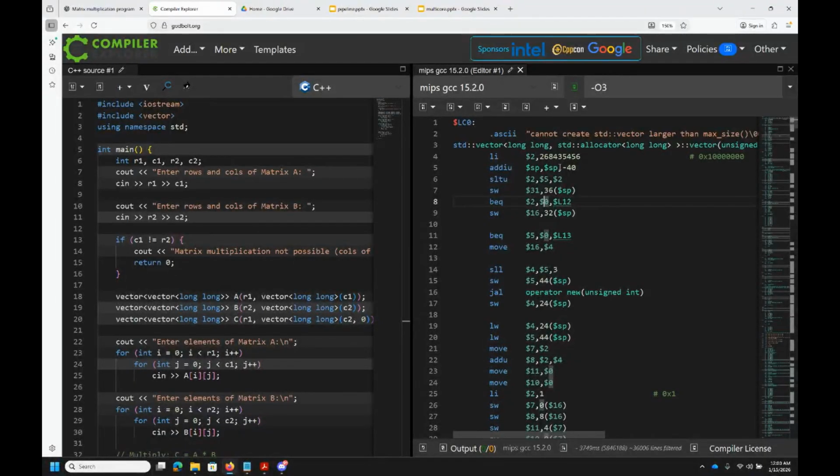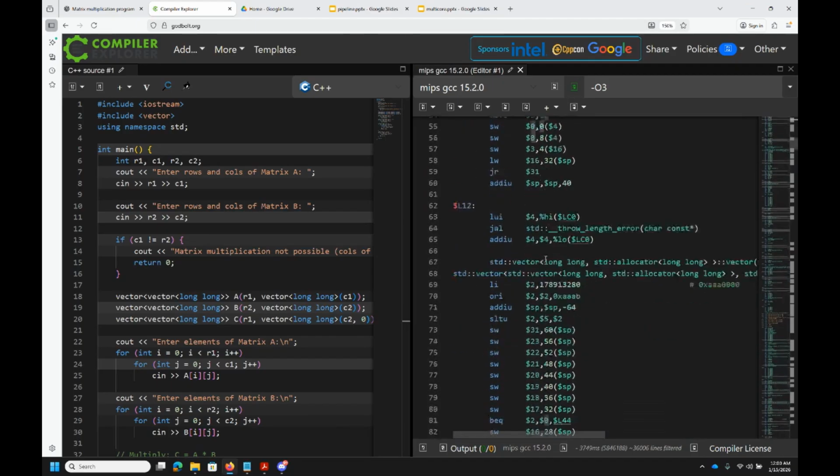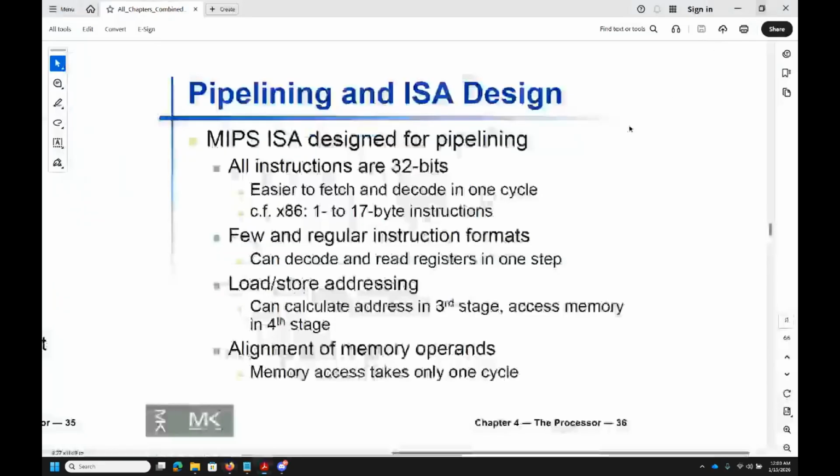Here, take SP and minus 40, add the both of them and store it in SP. So everything follows the exact same format, and this makes it very easy for it to be pipelined. There's no variation.